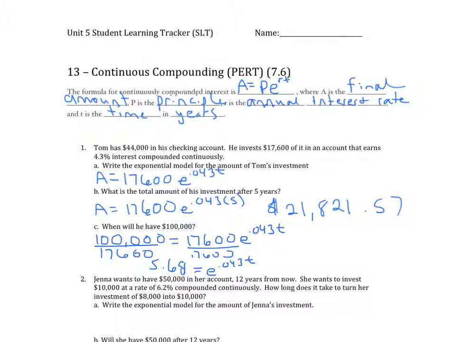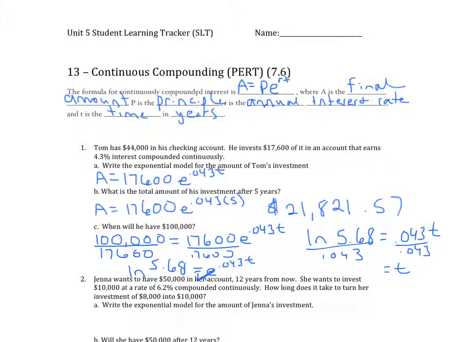And from there, we can take the natural log and cancel out the e. So we take the natural log of this side, and we end up with the natural log of 5.68 equals 0.043t, and then we divide by 0.043 to get t by itself.